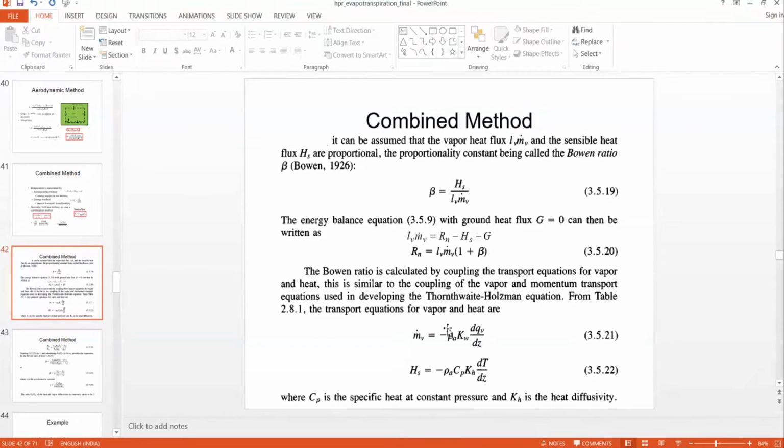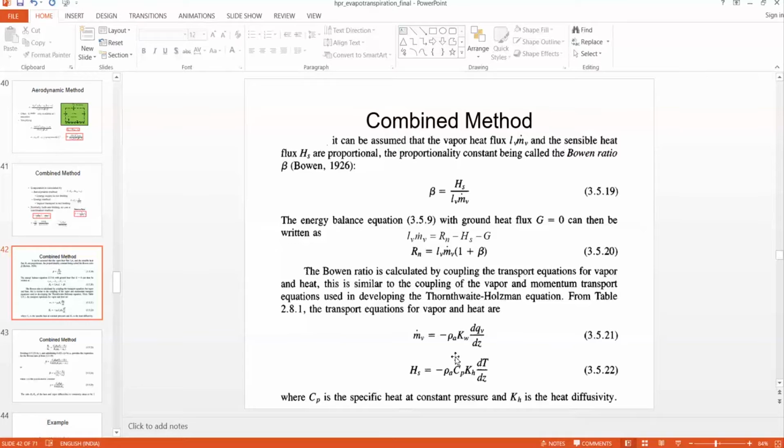Now this MV dot is the mass flow rate of water vapor in the upward direction. That is given, using this transport equation, as minus rho a kW dq by dz. Similarly, we can write Hs is equal to rho a Cp kh dT by dz, where kW is the water vapor eddy diffusivity, kh is the heat diffusivity, and Cp is the specific heat.